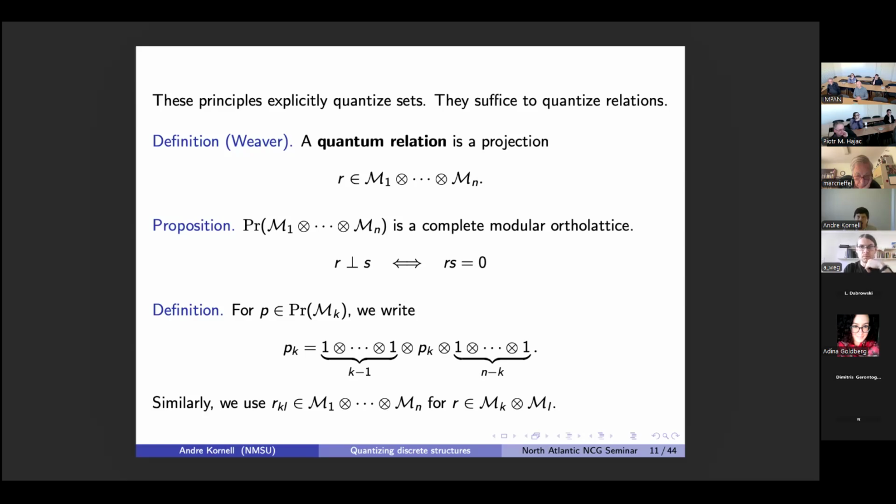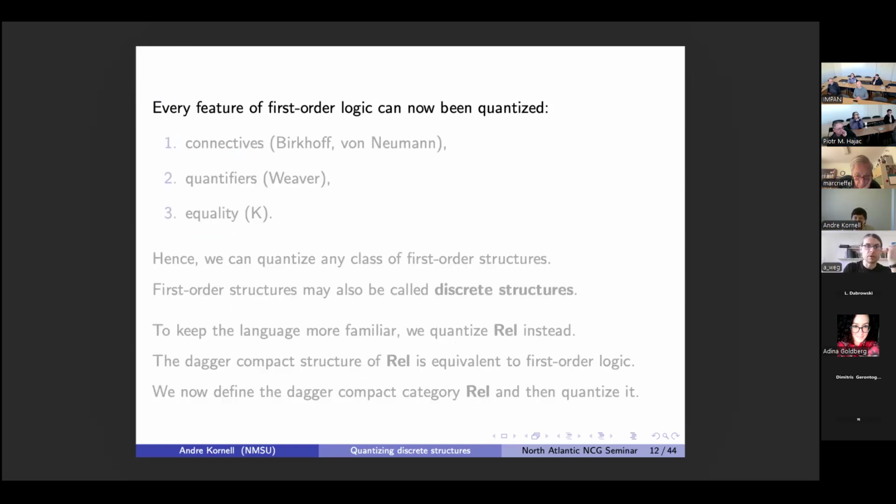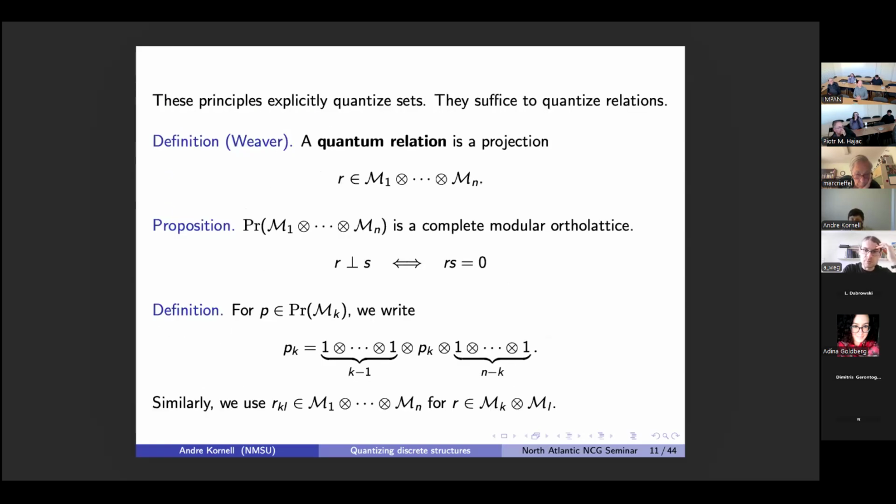Sorry, may I have a quick question? Could you go to the previous slide? This R, should it be a simple tensor or not necessarily? You're talking about the proposition or the definition below it? About the last line. This R should be a simple tensor or a general element in a tensor product?